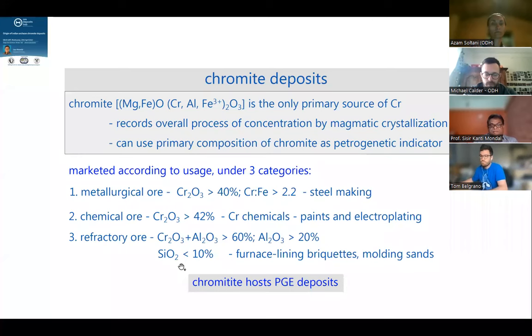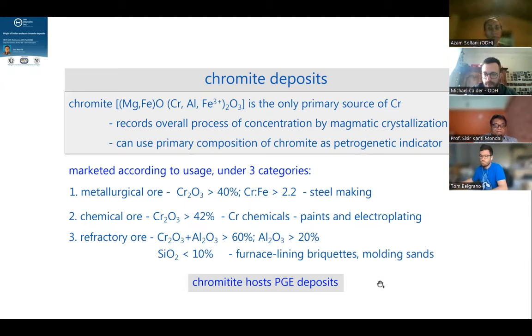They have mentioned about SiO2. The reason is that in industry or in mining districts, the miners are basically analyzing bulk chromitite ore. And you know that chromitite has interstitial silicates, so there should be some SiO2, but their concentration should not be more than 10% if we want to use them as a refractory.